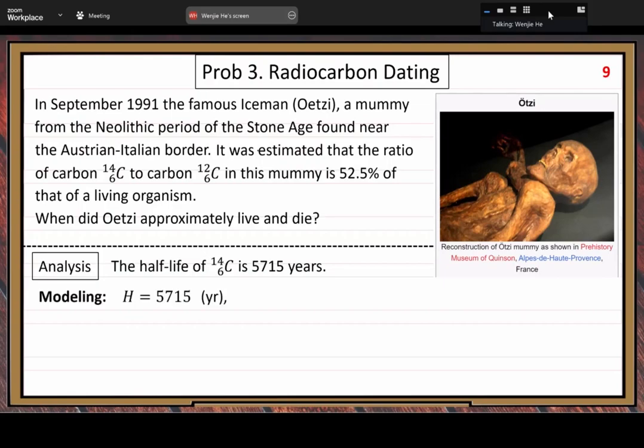Modeling. Capital H, half-life. Now, the amount of substance. Because our goal is to estimate the amount of substance of carbon-14 as a function. That function keeps changing, decay.